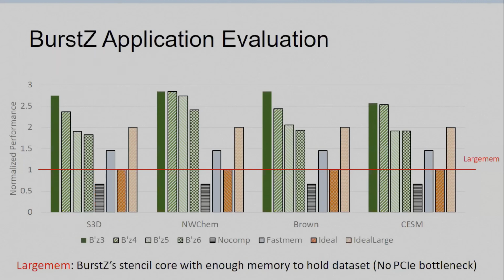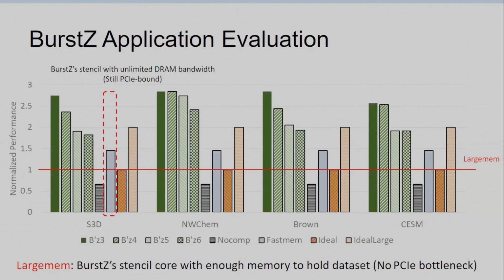The red 4 bars represent the configurations without any compression. Here is the no comp, which represents BurstZ stencil without any compression. We can see the PCIe bottleneck plays a big role in slowing down the performance.